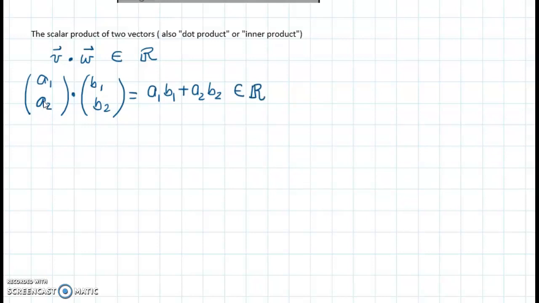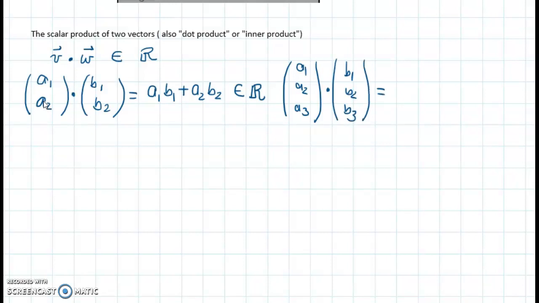This pattern also applies to vectors in 3 dimensions, so a1, a2, a3 are the coordinates of the first one, b1, b2, b3 are the coordinates of the second one, and when I multiply, I take the product of the coordinates of the same axis, and then I sum them all. So a1 b1 plus a2 b2 plus a3 b3, and this is again a real number. So this is the definition.